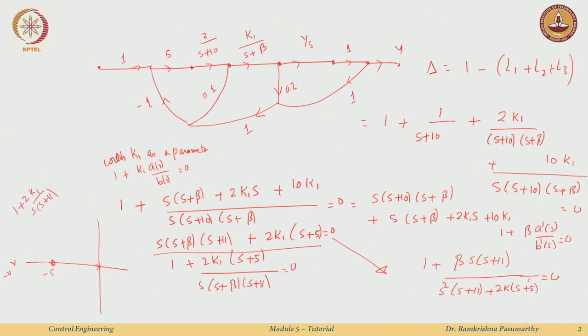So, for a fixed k, I know what will be the poles here, I know what are the open loop zeros, and I could just say as beta goes from 0 to infinity. I will skip the steps, because these are just the routine steps. It's just to give you an idea of how to formulate a problem in a way that I could use the root locus techniques directly.